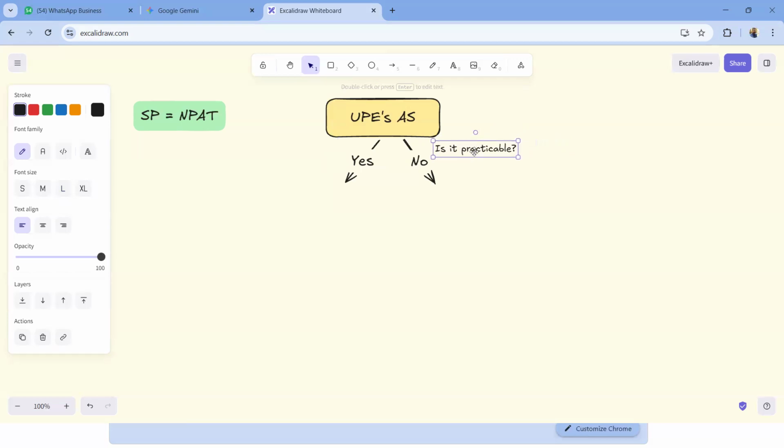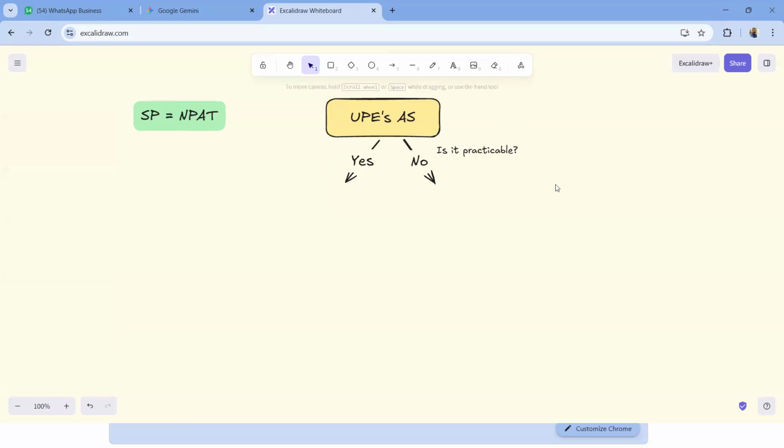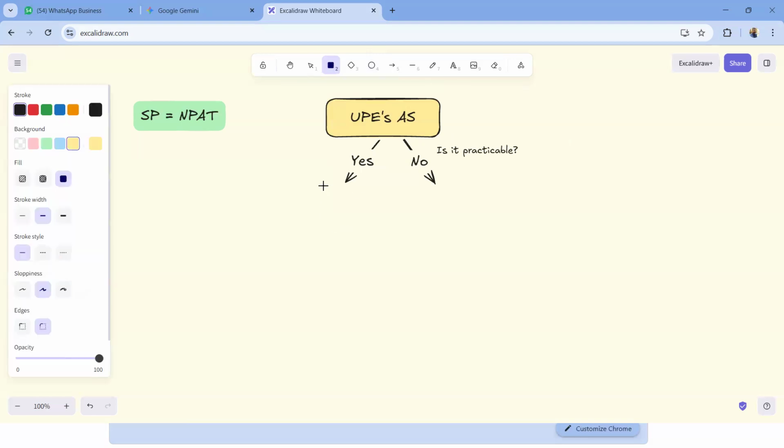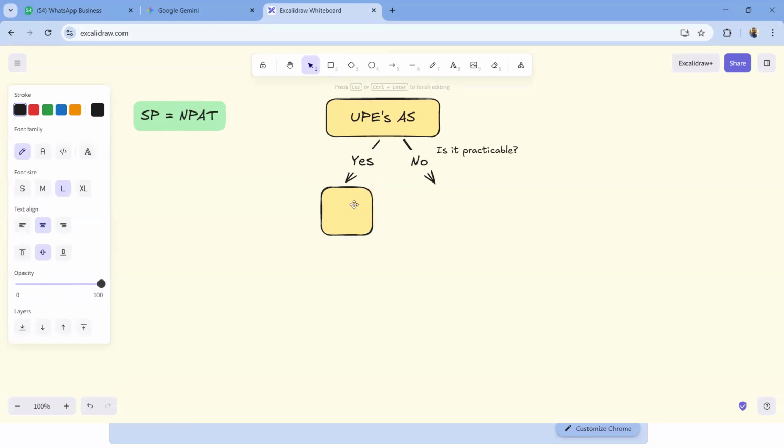If it is practicable, then it's pretty simple: use the UPE's standard.